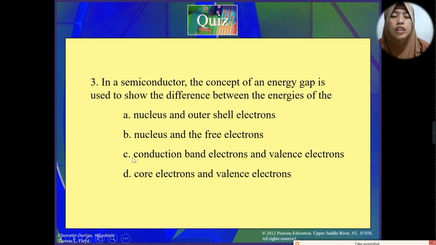So, the answer is letter C, conduction band electrons and valence electrons.